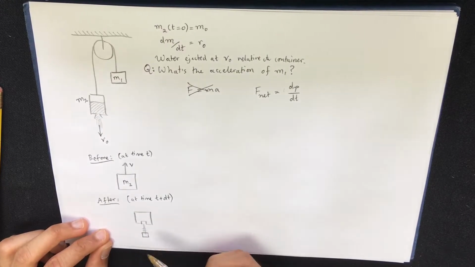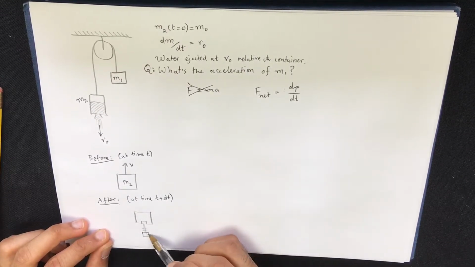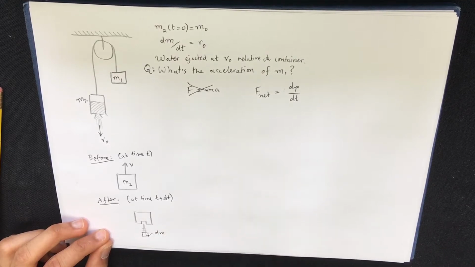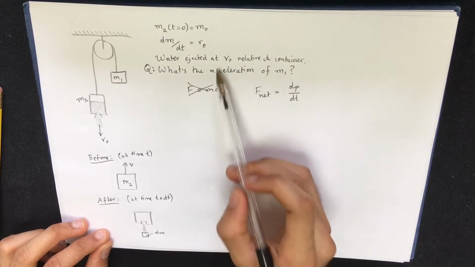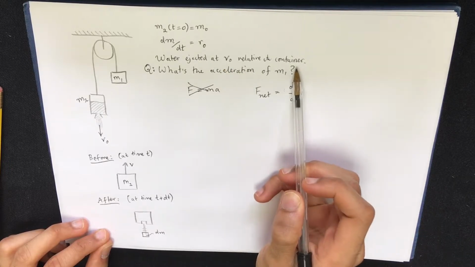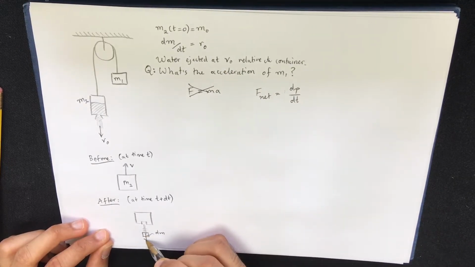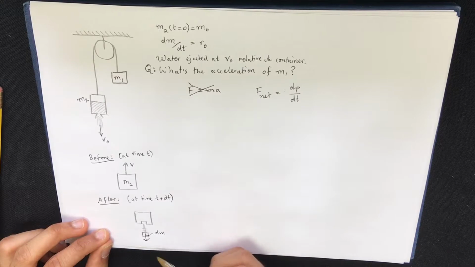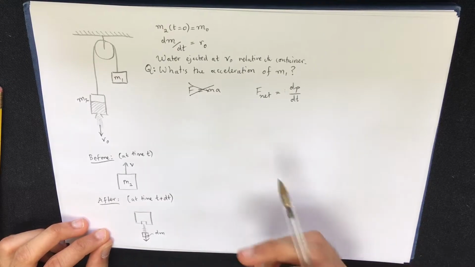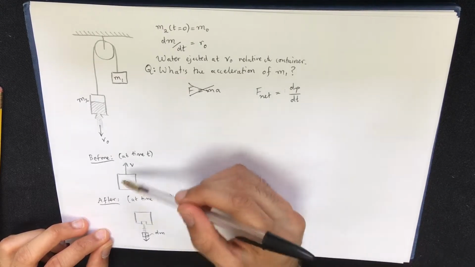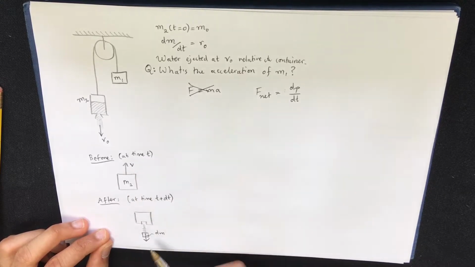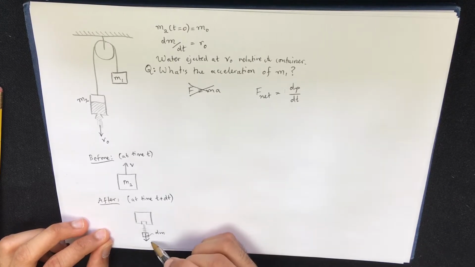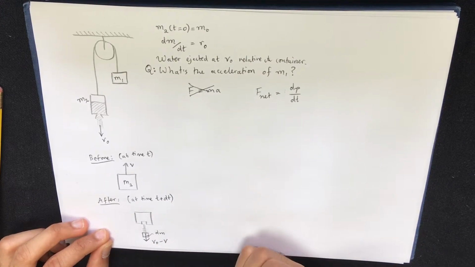The mass of this tiny chunk in a time dt is going to be equal to dm. And its velocity is going to be acting downwards, v0 relative to the container. And because it's relative to the velocity of the container, if the container was already moving at a speed v upwards, that means the velocity at which the mass is ejected downwards is going to be equal to v0 minus v.